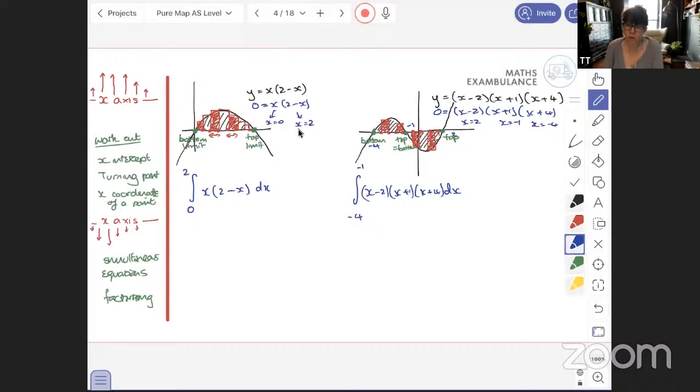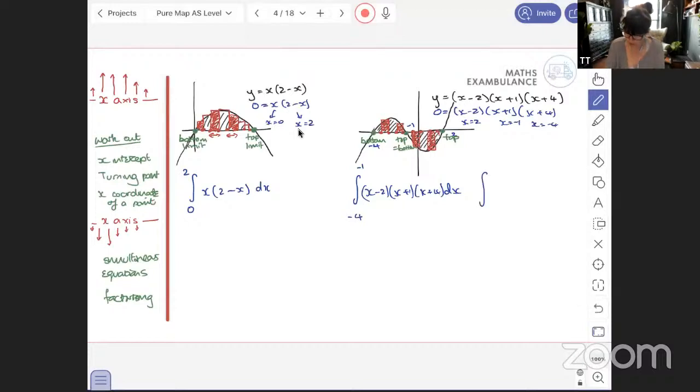Correct, Tristan. If you chuck it all in your calculator, it will give you the integral, not the area. So what we're doing here is finding the integral. And in this particular case, from -4 to -1, this integral equals that area, and this integral equals that area. Now, the integral I'm about to write down doesn't equal the area.